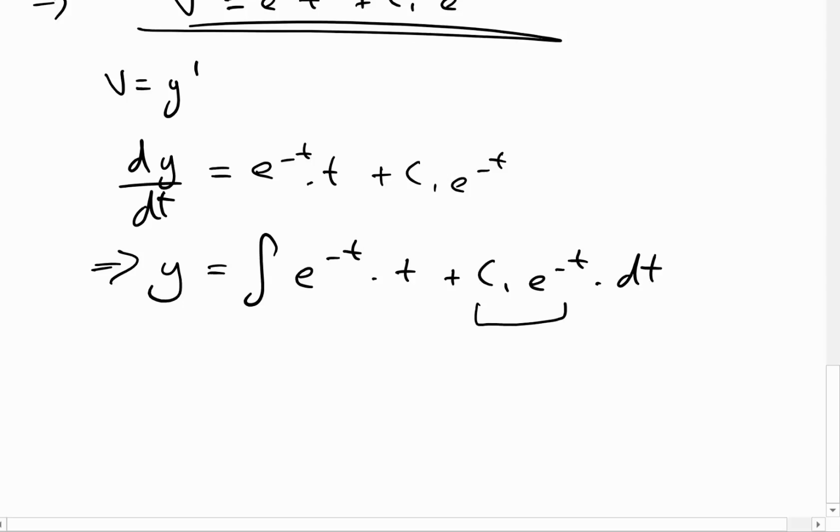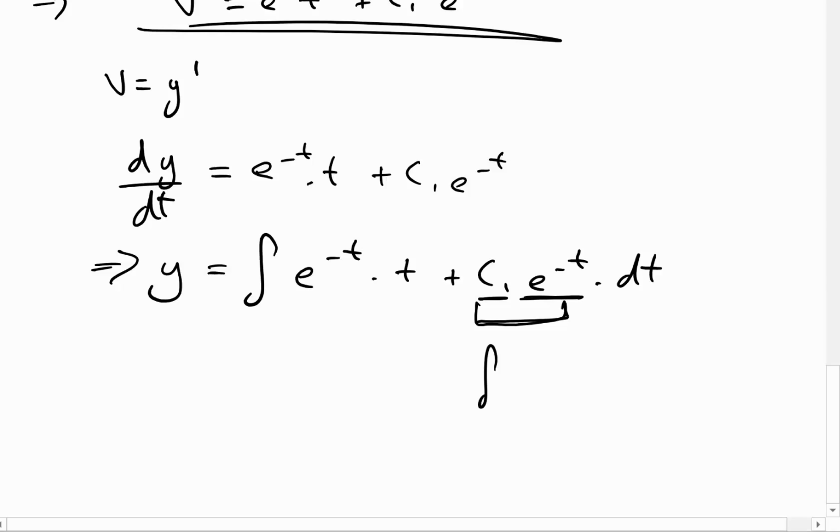I can integrate this second term quite easily, because c1 is just a constant, so effectively it's just the integral of e to the minus t. Well, I can think about what's the derivative of e to the minus t, and it should be minus e to the minus t, so that's almost what I've got there.